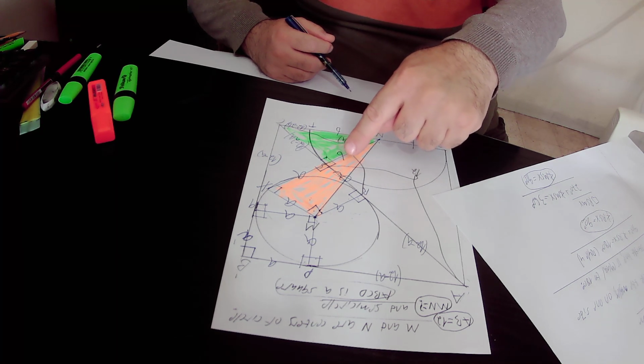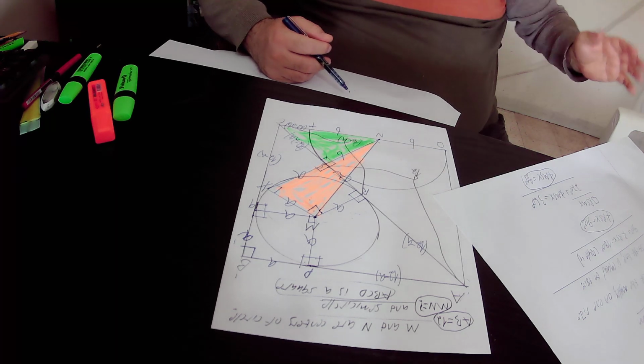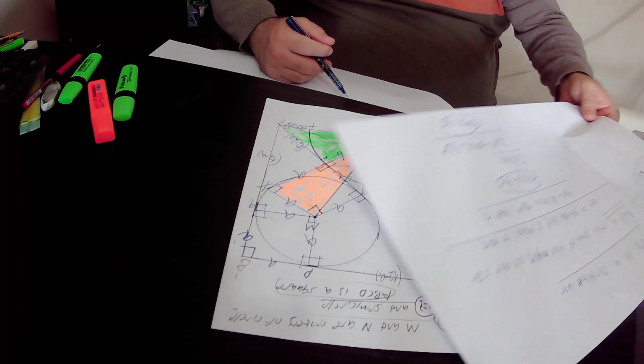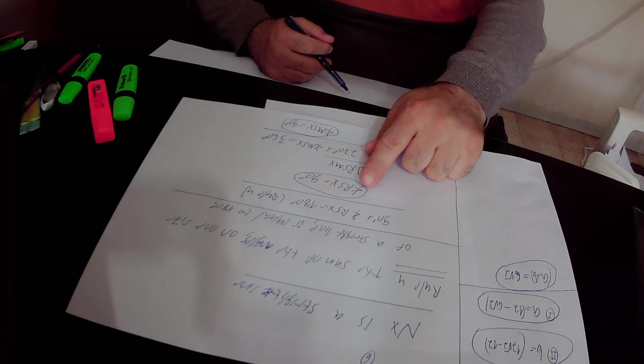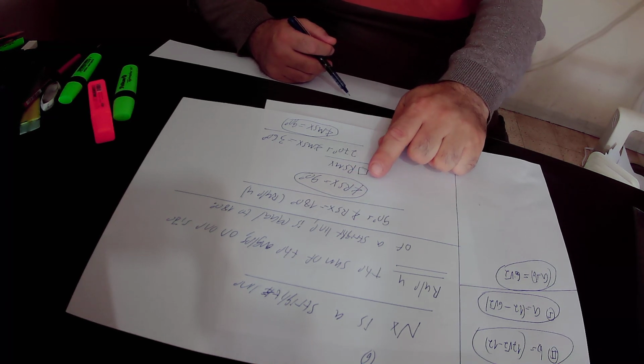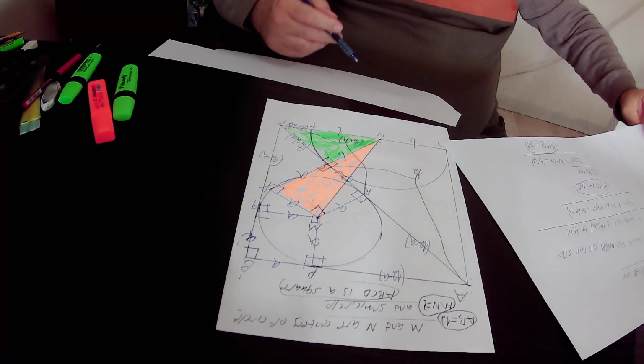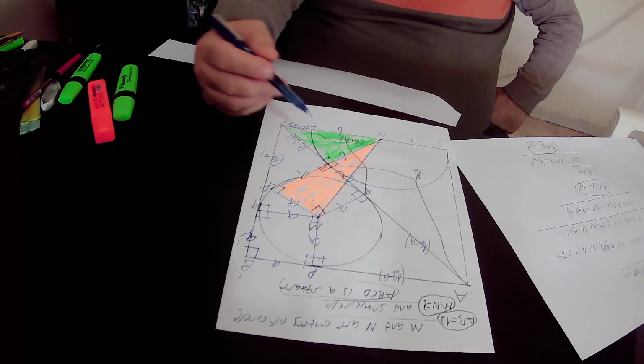On this side, we have 90 degrees plus angle RSX. In total, the sum of those two angles must be equal to 180 degrees according to rule number 4. We subtracted 90 degrees from this equation, and we got that angle RSX equals 90 degrees. This angle equals 90 degrees.